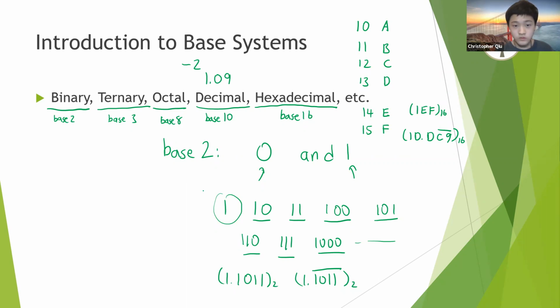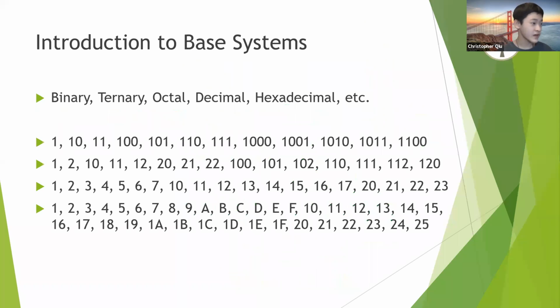And so next we'll look at how we count in some of these base systems. So in base 2, so this is binary, we start with 1 for 1, and then 10 for 2, 11 for 3, 100 for 4. So we'll have 1, 2, 3, 4, and we kind of just count in this way.